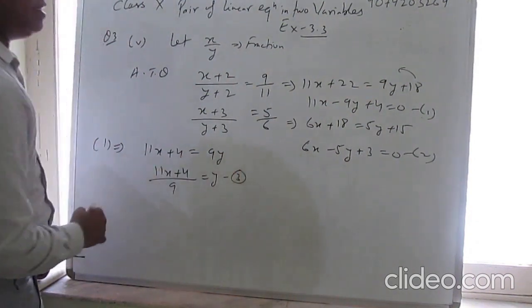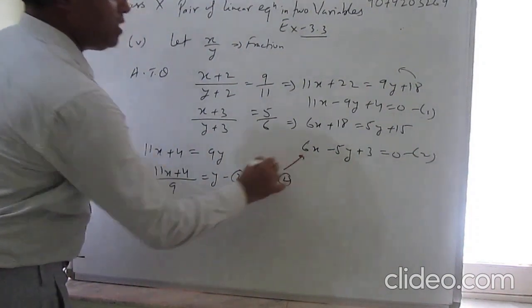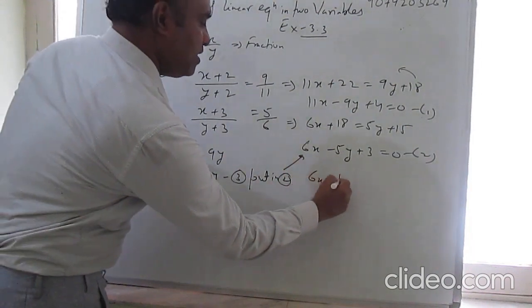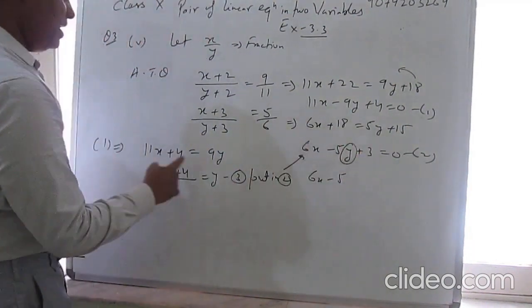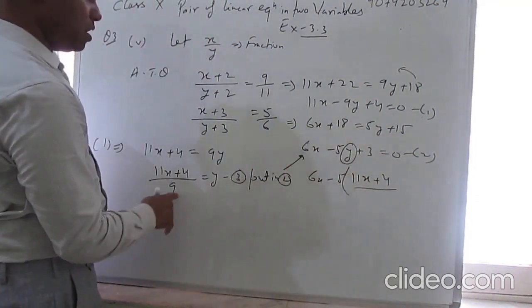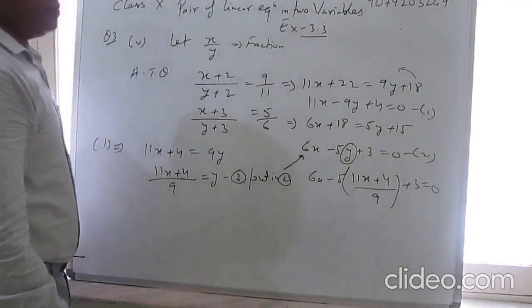This is equation 3. Put in 2. इसको किस में रखते हैं? 2 में रखते हैं. So 6x minus 5, ये y हटेगा. 11x plus 4 upon 9 plus 3 is equal to 0.